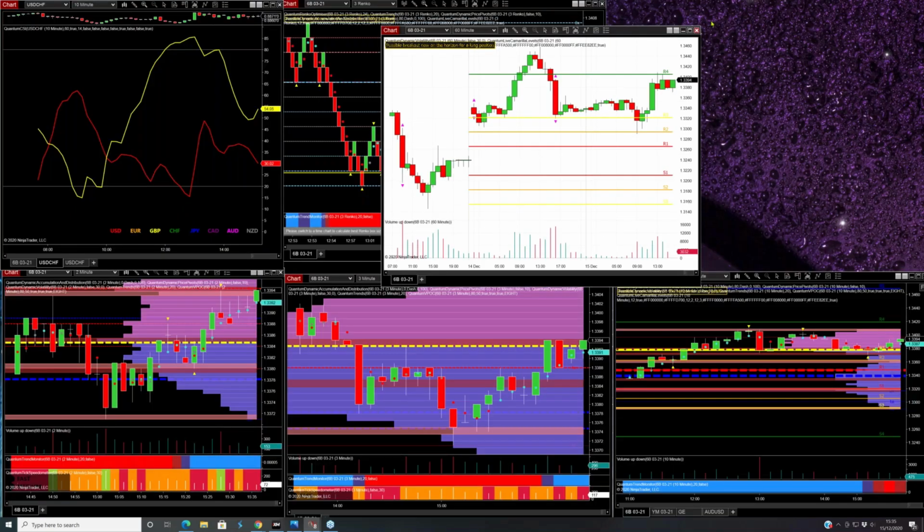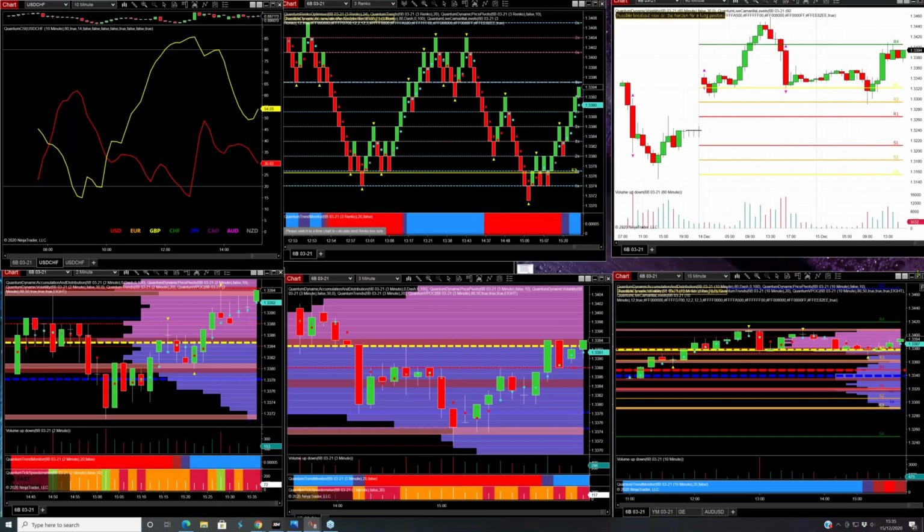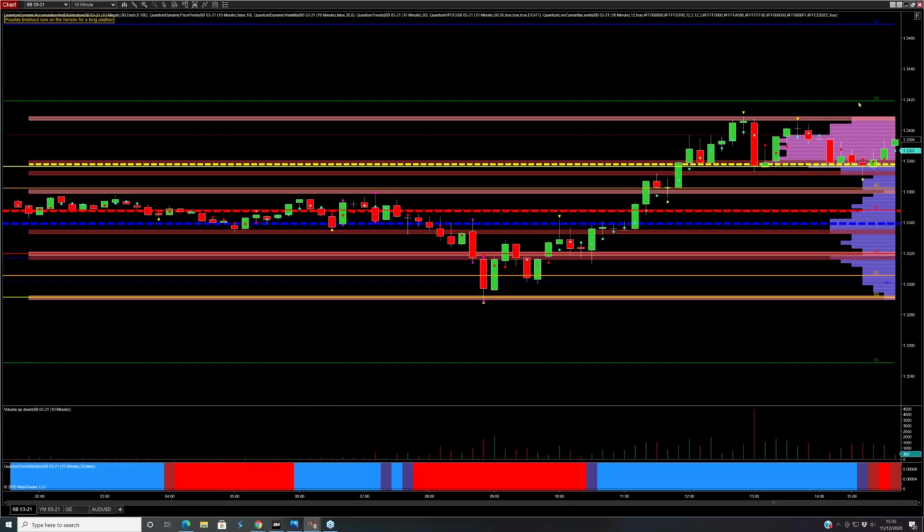On the 10-minute chart, it's ironic, it is actually a different level on the R4. Believe me, the R4 is much closer on the 10-minute. It's down here. The hourly version of the R4 is actually slightly lower down.